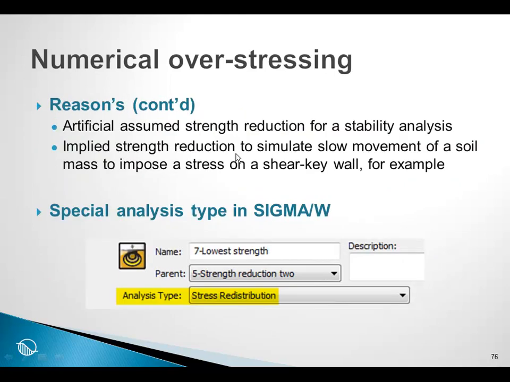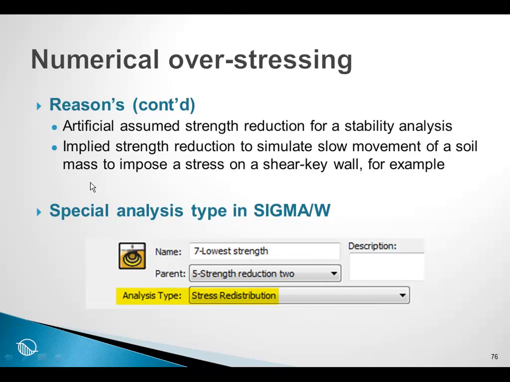We can use this type of stress redistribution analysis for another purpose, and that is to do what is known as a strength reduction stability analysis. In this approach, it is assumed that the soil strength is artificially reduced. There are other reasons as to why we may have overstressing. Like in a strength reduction stability analysis, we may have an assumed strength reduction.